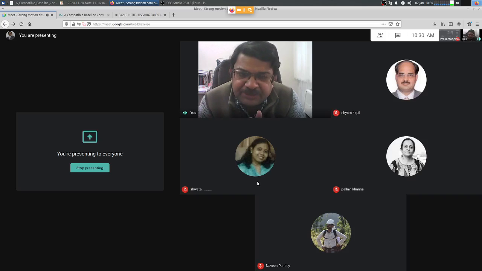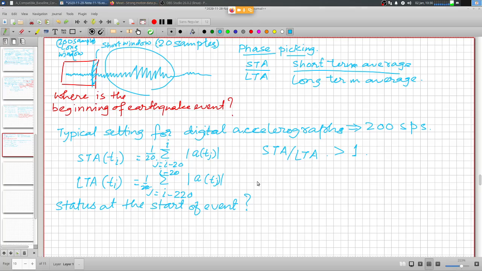Ideally, the ground should be at rest. So the displacement should be 0, velocity should be 0, acceleration should be 0. So all three motions have to be 0. Initial conditions have to be 0.